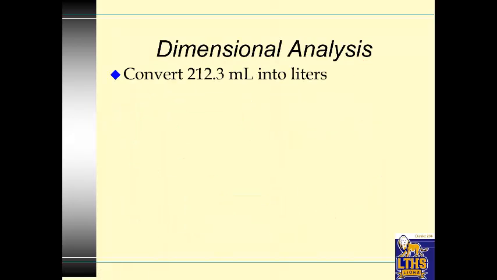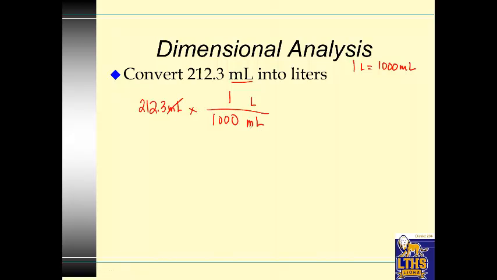Okay, so let's do it. We have 212.3 milliliters, but we want to know how many liters that is. So we start with the given, 212.3 milliliters. We want to convert it into liters. So we have to put the unit of milliliters on the bottom, the unit of liters on top. So we're setting up a conversion factor, and we have to make this true. So it's true that 1 liter equals 1,000 milliliters, so I have to put the number 1 with liters and the number 1,000 with milliliters.